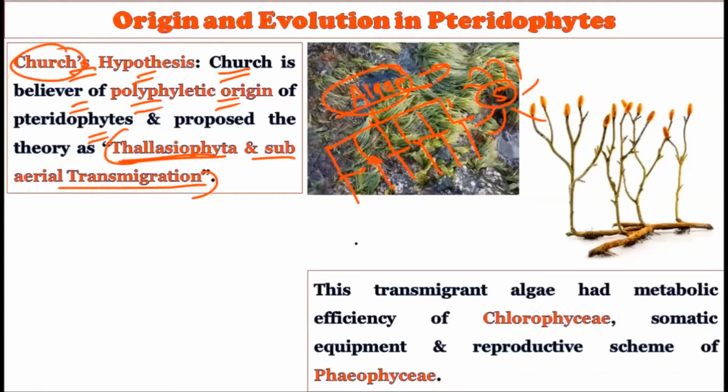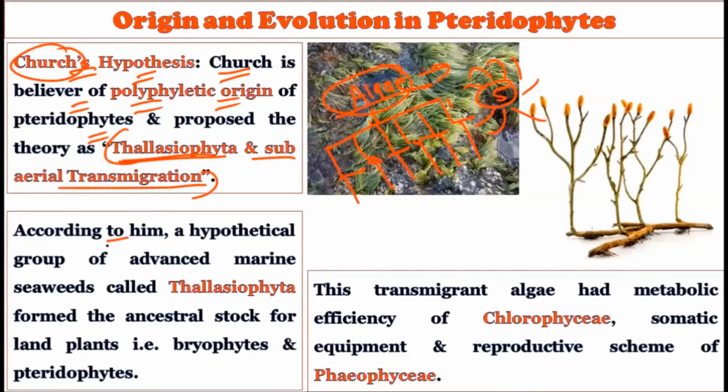Let's elaborate on this. According to him, the hypothetical group of advanced marine seaweeds is called the Thalassiophyta. It's a hypothetical group. That literally means he has imagined this group, because at present this group is not there, and even fossil records were not found for this particular group. So there is a hypothetical group of advanced marine seaweeds called the Thalassiophyta.